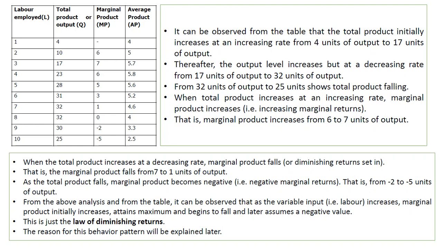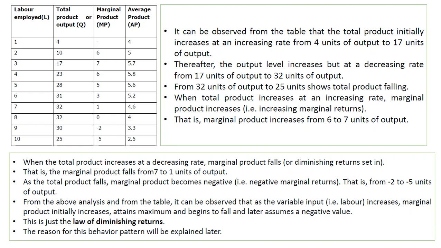So there is one observation we can make. You can clearly see that at the initial stages of employment of labor, the marginal product increases from, let's say, 6 to 7. But after 3, when the labor employed increases to 4, the marginal product begins to decrease as the variable input is applied to the fixed input.